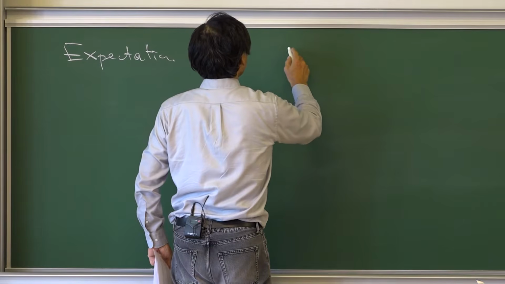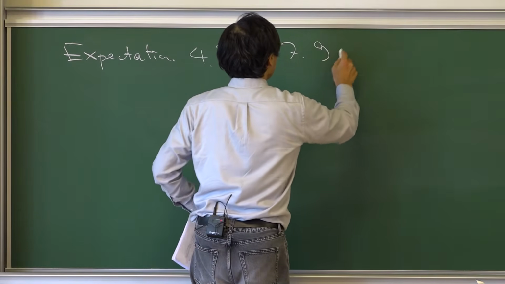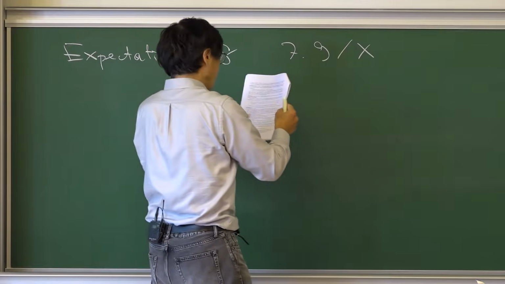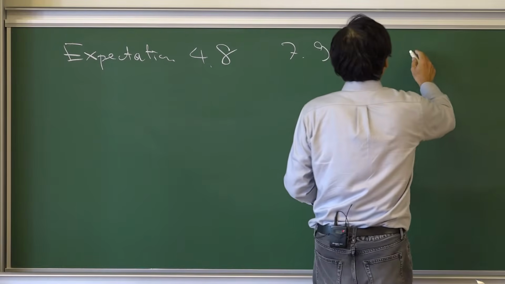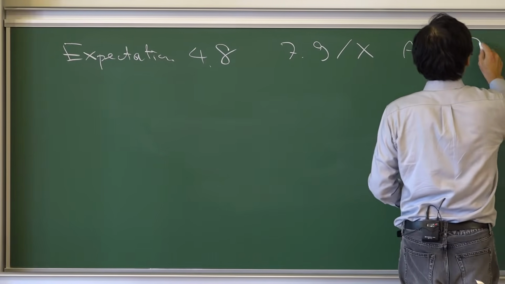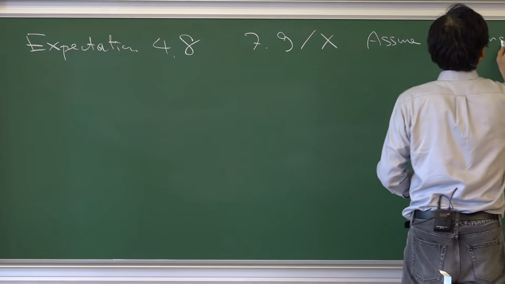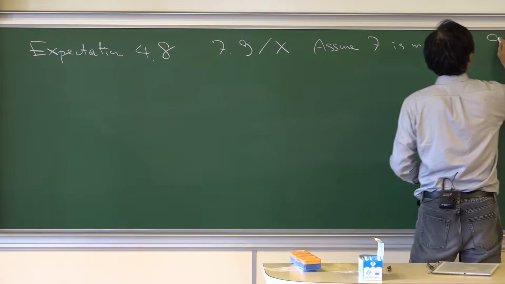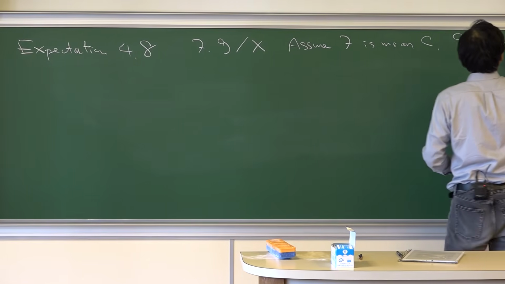So suppose we have two sheaves on X, and assume F is micro-supported on C and G is micro-supported on C prime.